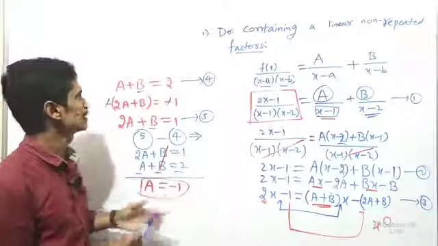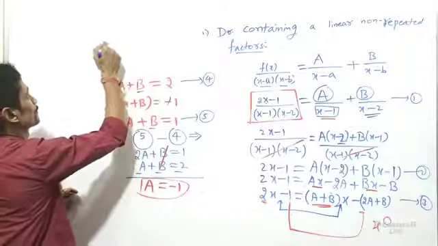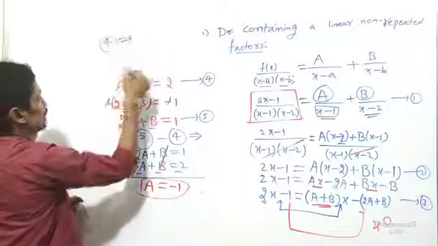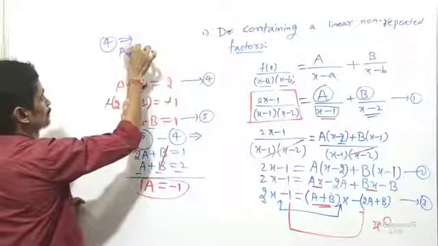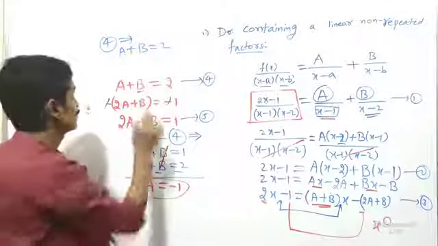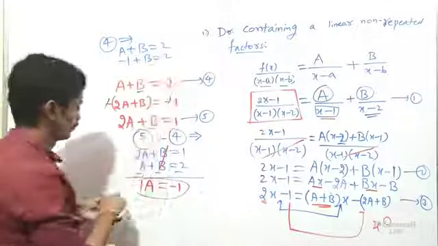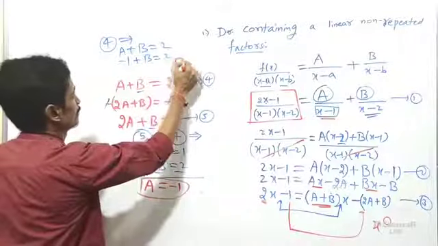After getting the same answer, we can easily calculate. Let us take equation number 4: a plus b is equal to 2. Already I got my a value, that is minus 1, so minus 1 plus b is equal to 2. Everyone knows what our b value is.